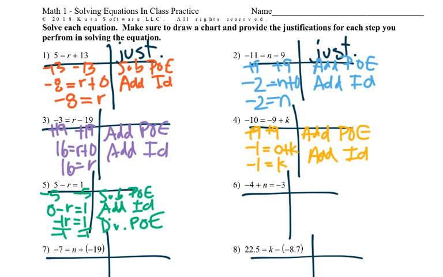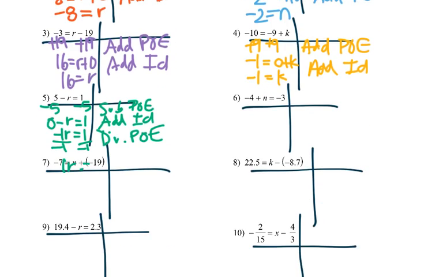Then that would give me 1r equals negative 1. So then I'd have to use that multiplicative identity of 1 to have r equals negative 1.